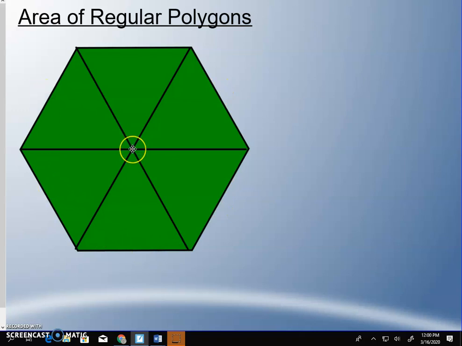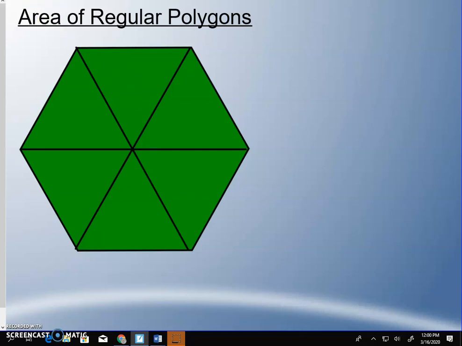You also know, since this is the dead center, that each one of these segments is equal to each other. So by side, side, side, we can prove that these 6 triangles inside this regular hexagon are all congruent. And we know the area of a triangle is half its base times its height. So in order to find the area of a regular polygon, we can just divide it up into triangles.